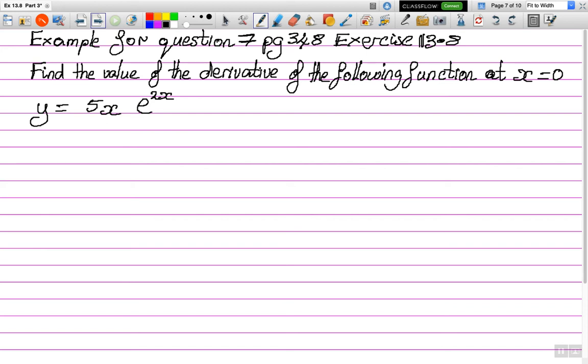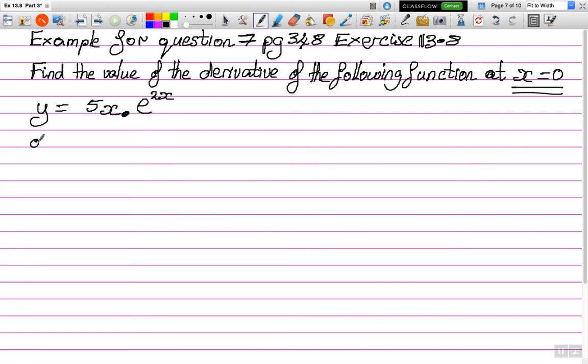Now, we're just going back to maybe work we did a few days ago. So what we have here is, it says find the value of the derivative of the following function when x is equal to 0. And what you had to spot was this is the product rule.